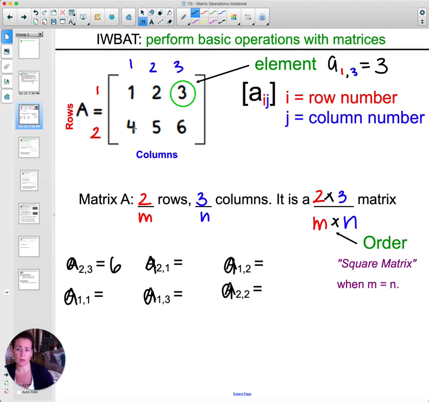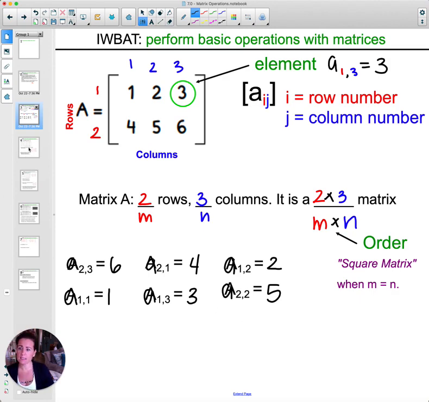Row 2, column 1 is 4. Row 1, column 2 is 2. Row 1, column 1 is 1. Row 1, column 3 is 3. Row 2, column 2 is 5.